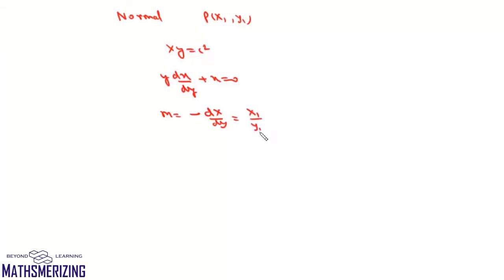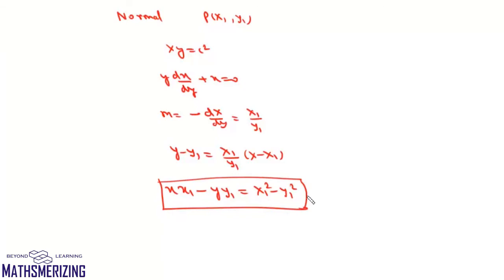Now we can write this equation as y minus y1 equals x1 upon y1 into x minus x1. So this equation will now become x1 x minus y1 y equals x1 square minus y1 square. So it is another way of writing the equation of normal in terms of a given point x1, y1.